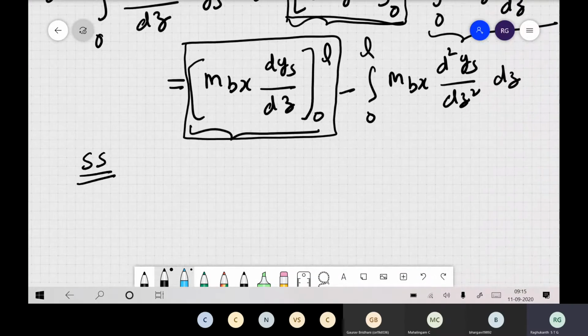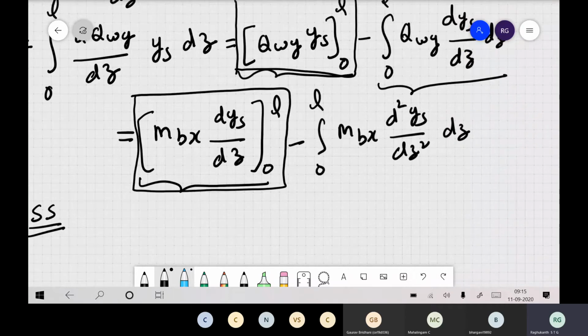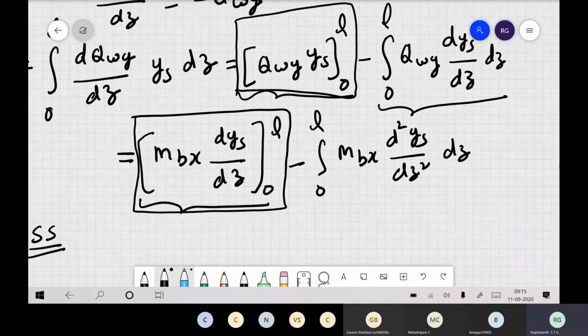For simply supported, what are the boundary conditions? Bending moment will be 0, and deflection will be 0. Which means this quantity at both the ends, if they are simply supported, is 0, this is 0. So this term goes away, this term also goes away.